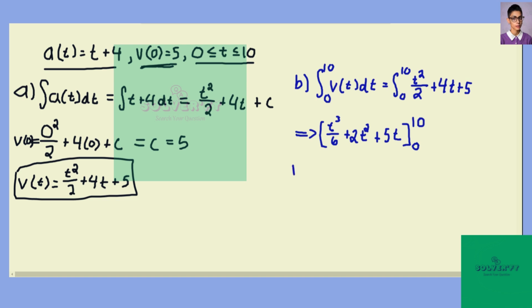So you'll end up with 10 cubed over 6 plus 2 times 10 squared plus 5 times 10.